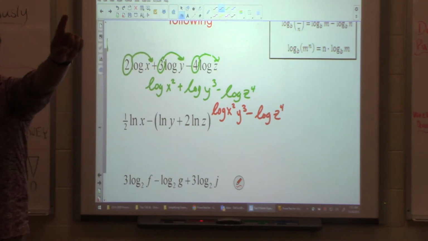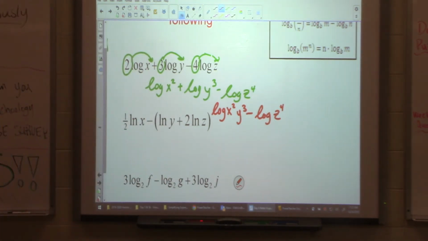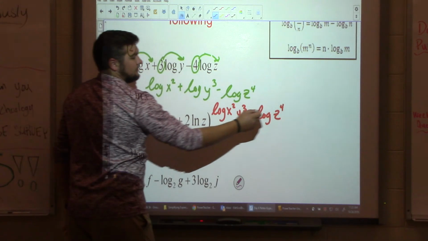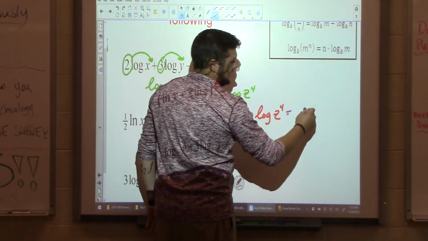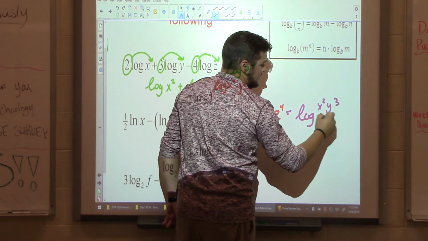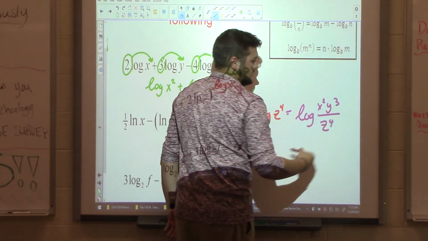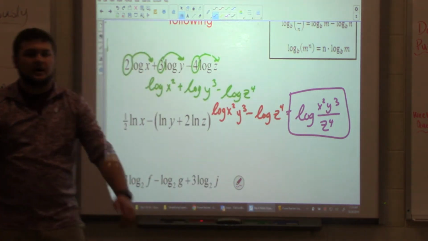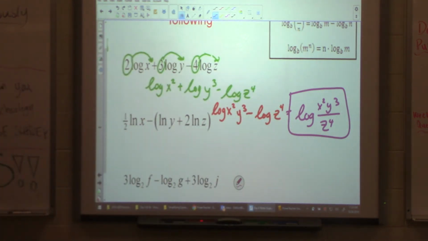One last step. I gotta get rid of that subtraction so I can combine it down to one log. Subtraction turns into division. Very good. So I get log of x squared y cubed over z to the 4th. Down to one log. That's my final answer.